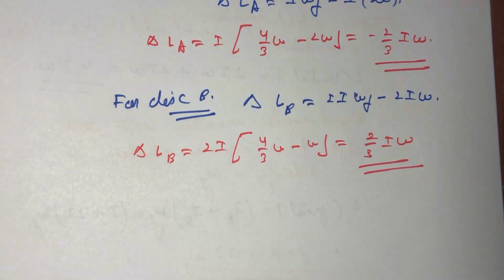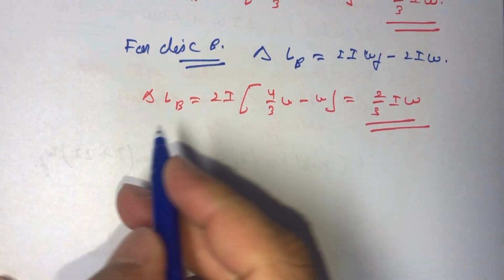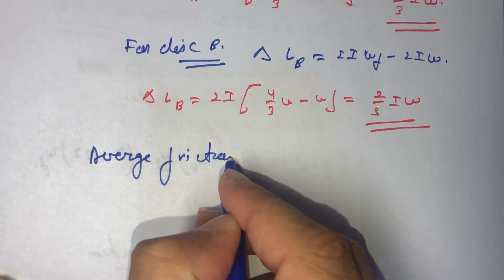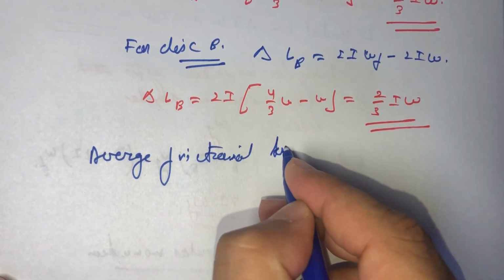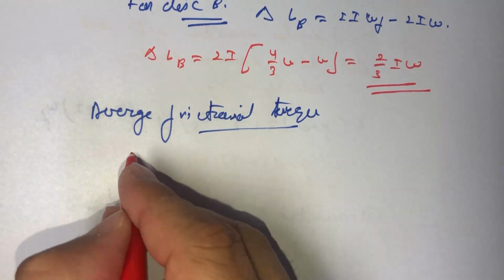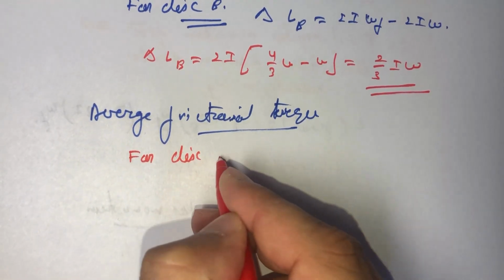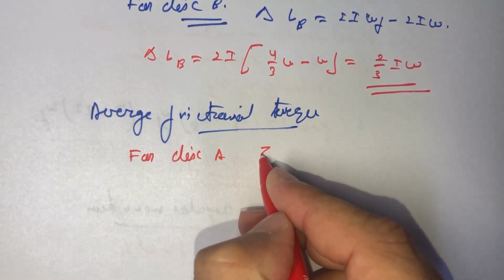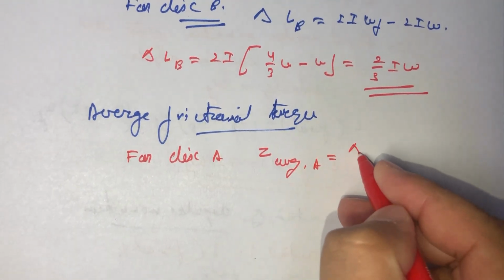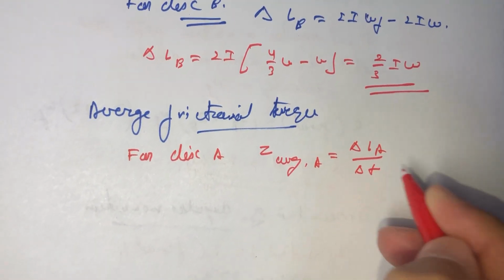So now we are supposed to find out the average frictional torque. So we can say average frictional torque for disk A. Let us suppose that is given as tau average A, and it will be equal to change in angular momentum of A divided by time.